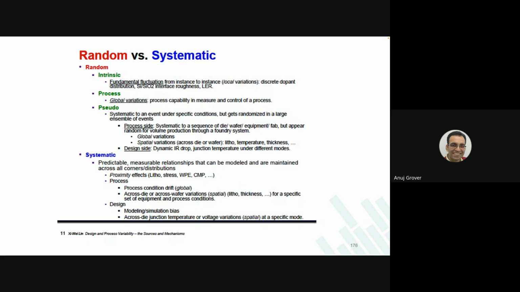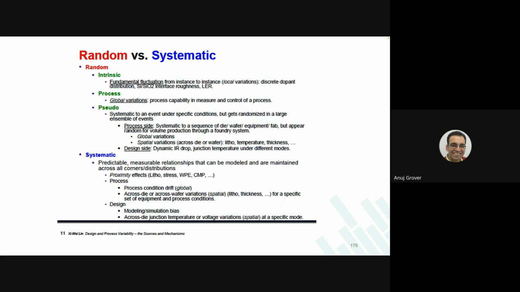If your stimuli doesn't come that way, then that kind of crosstalk will not happen or that kind of IR drop will not happen, and that variation may not come. So that is what is being referred to as pseudo: depending on the event they happen, they cannot be really modeled, and therefore you have to still handle them as random variations.